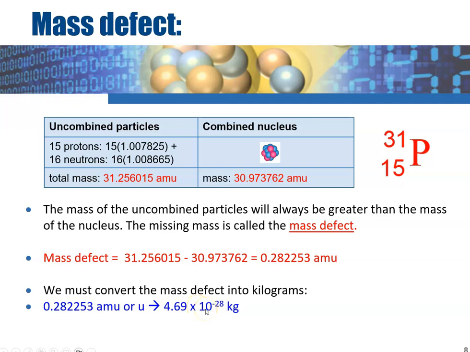So now I know the mass defect in kilograms. It is okay to round off the mass defect in kilograms because it's a really, really small number, but I have scooped up all of those decimal places and at least got them in my 4.69.